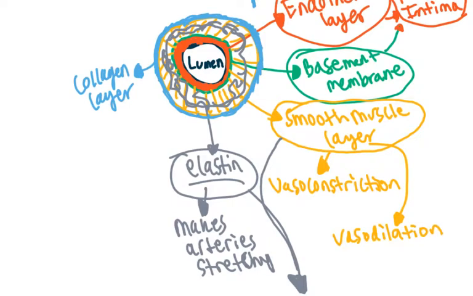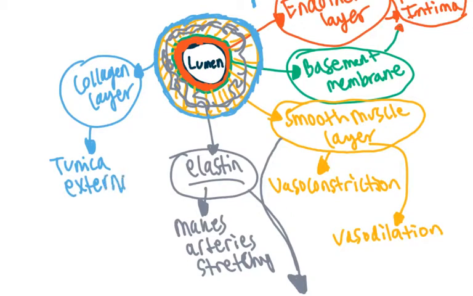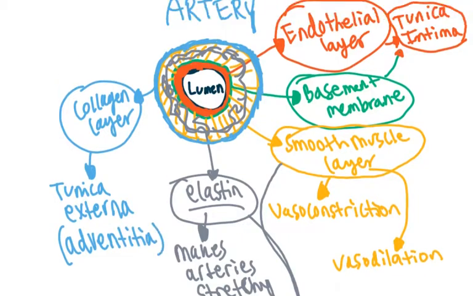And our last layer that we just said, our mostly collagen layer, is going to be our tunica externa layer. All right, so those are the three basic layers of our blood vessel. This is also called the tunica adventitia layer. All right, so we got that down.